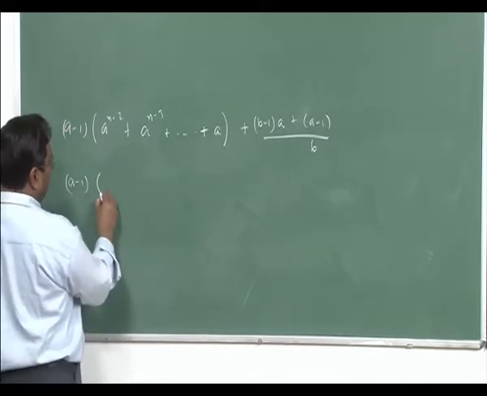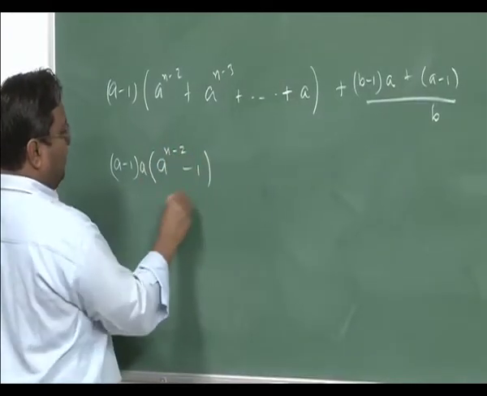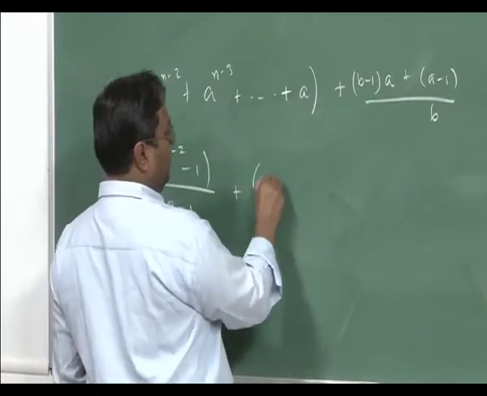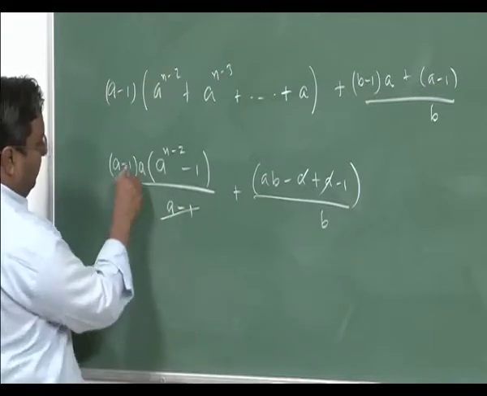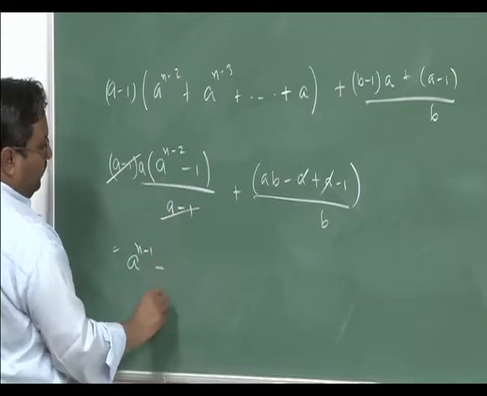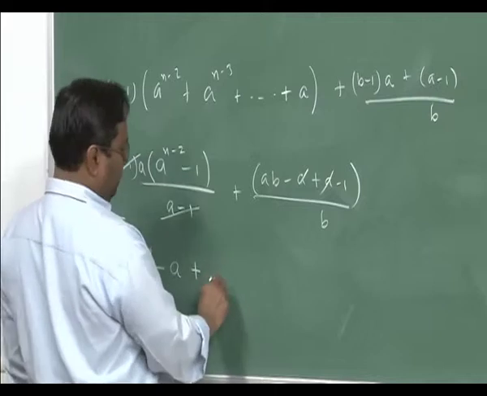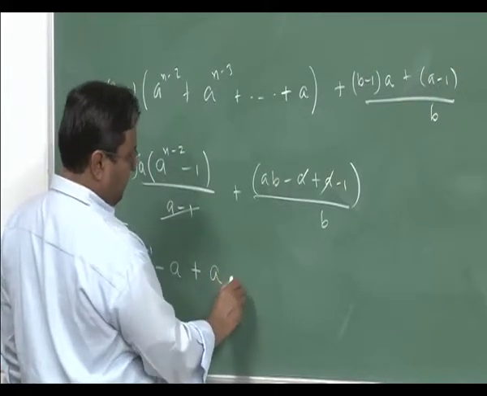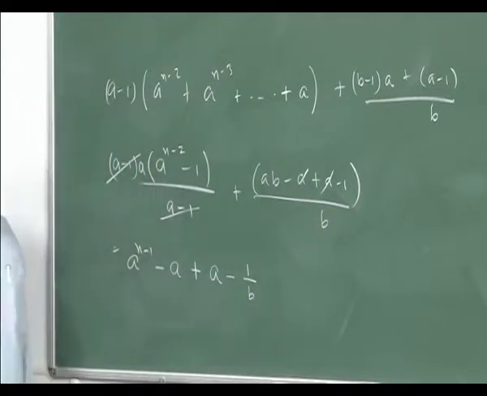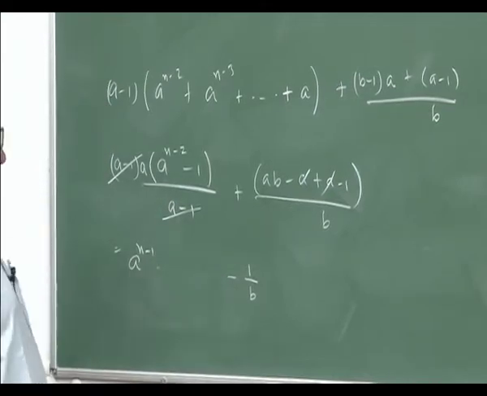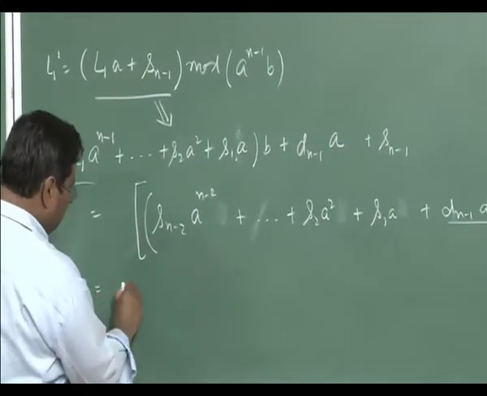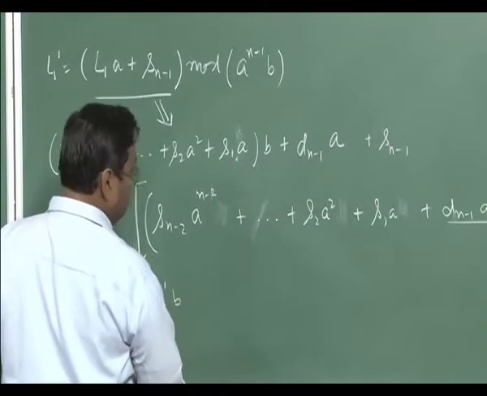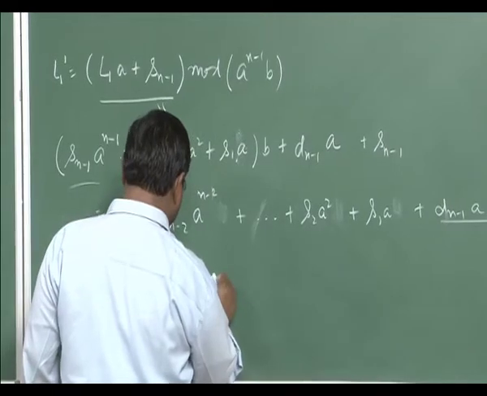N minus 2 terms obviously, and first term is A, so this A will cancel with this, and because I have taken B out of it, if I multiply it by B, this whole thing now technically the maximum value will be A raised power n minus 1 B minus 1.